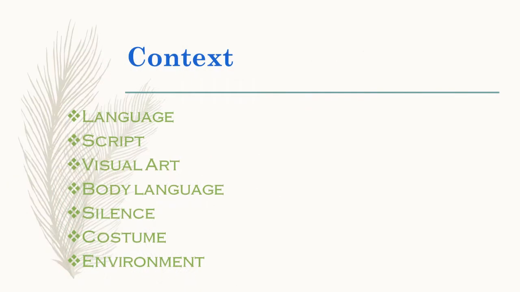There is no end to this list, but some of the verbal and non-verbal tools which we are going to discuss are language, script, visual art, body language, silence, costume, environment. These are the tools which help us to complete our communication process successfully.